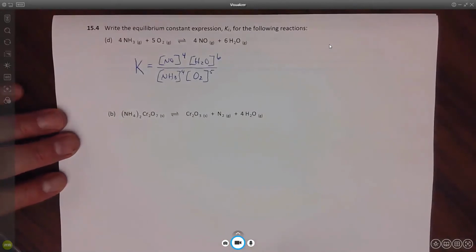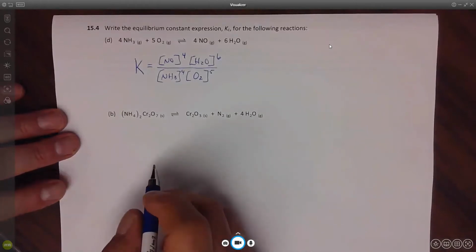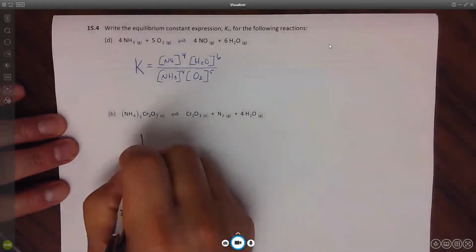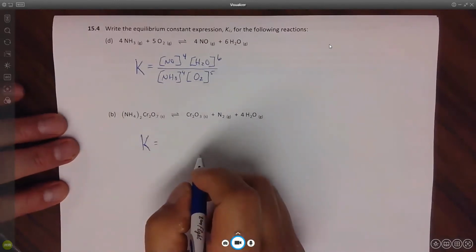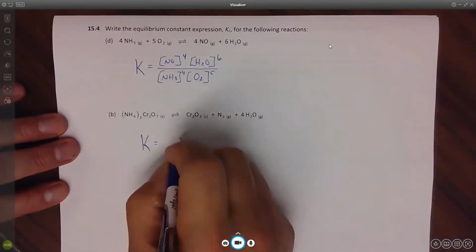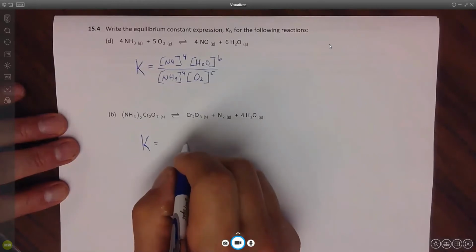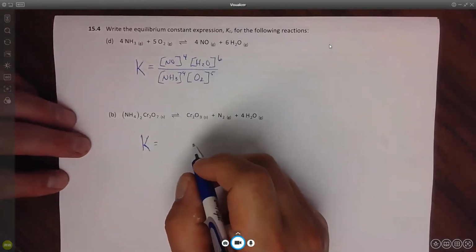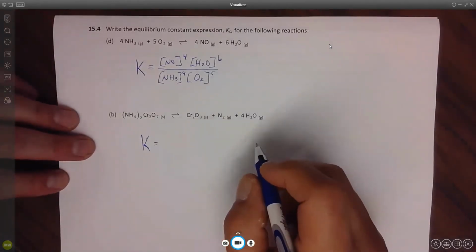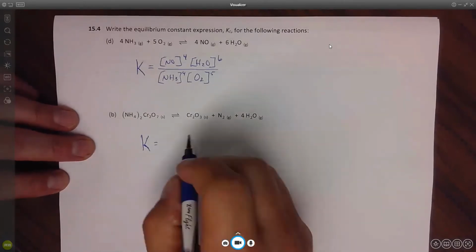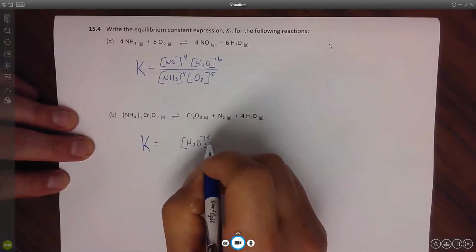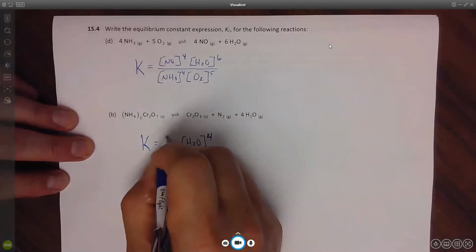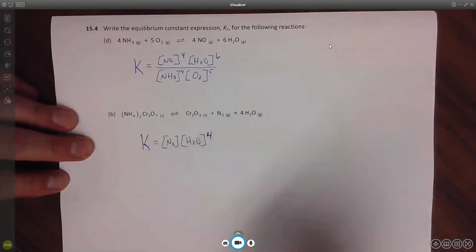What would you write? I would do H2O to the power of 4. Okay, so K equals, in the numerator, H2O to the power of 4 times N2 to the power of 1. Okay.